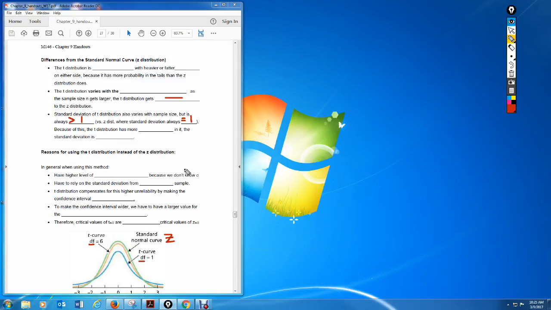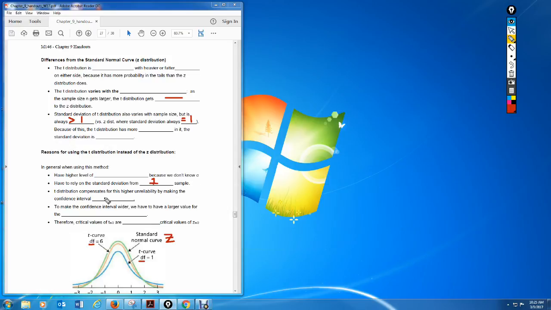Now, why do we need to use the t-distribution instead of the z-distribution? The whole reason it was developed is that we have a higher level of uncertainty in our calculation because we don't know sigma. We don't know the population standard deviation, so instead we have to rely on the standard deviation from just one single sample. So it's a higher level of unreliability.